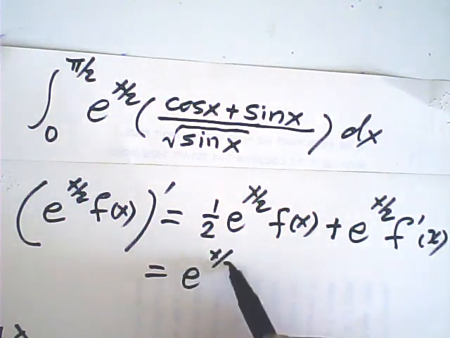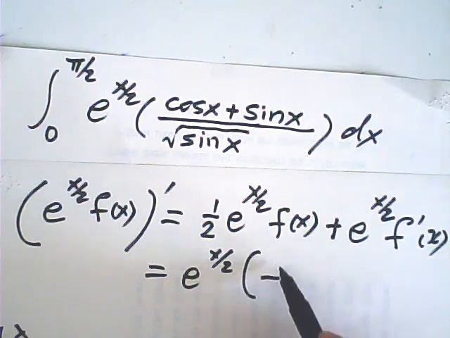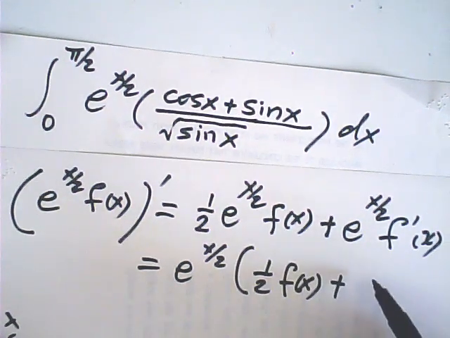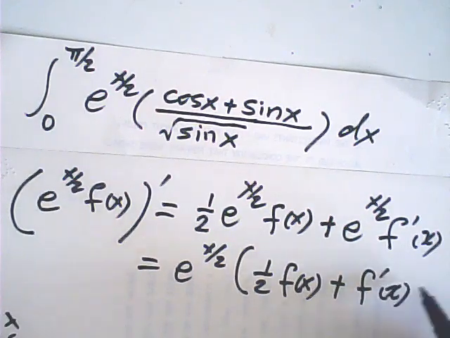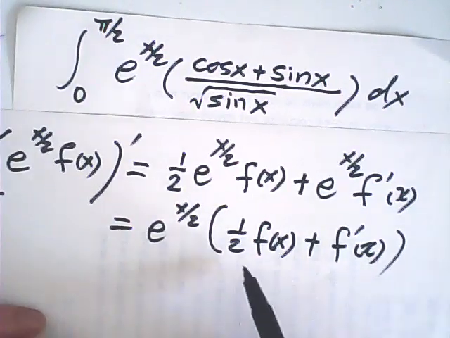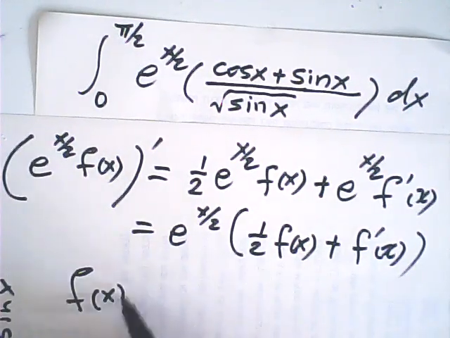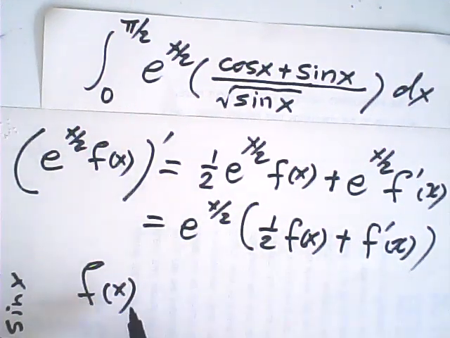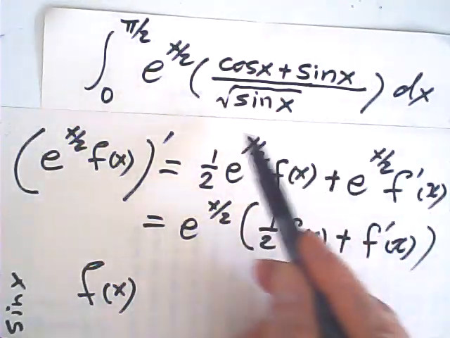So we take the common factor out. This is half f of x plus f derivative of x. Now, can we think of a function f of x such that half of it plus its derivative is equal to this?